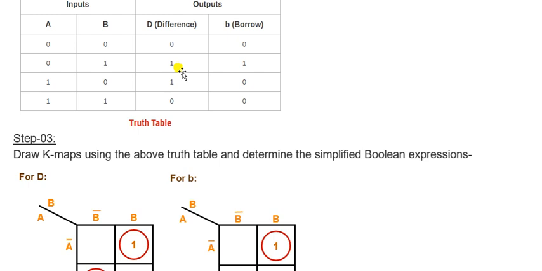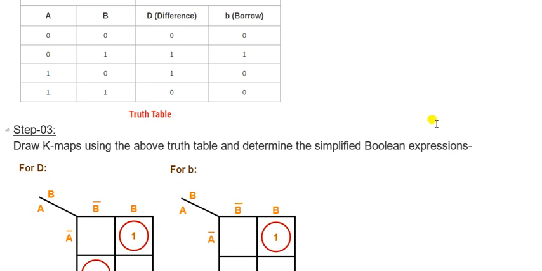A bar dot B plus A dot B bar is nothing but A XOR B. So we can directly express D equal to A XOR B. Here look at this column, we have only one min term. So here we can express small b, means borrow, equal to A bar dot B. For two input variables, no need to take the help of K-map.